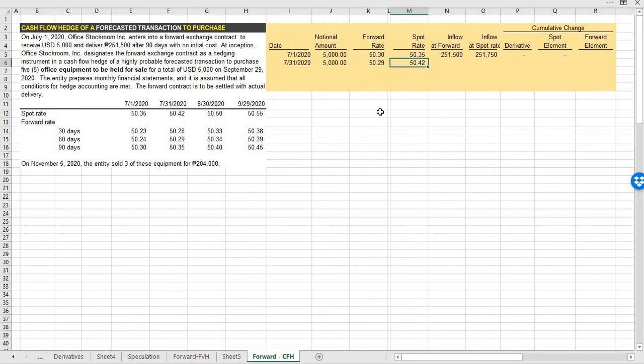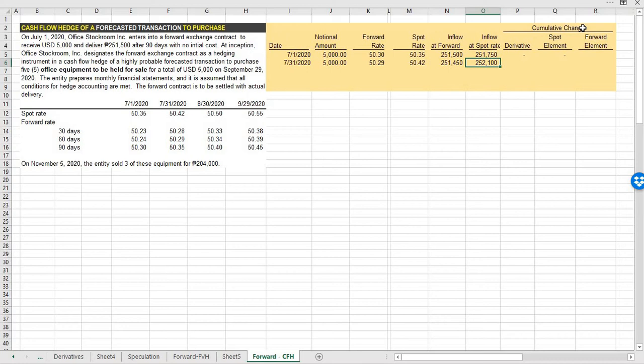Ngayon, i-multiply na natin itong mga rates na to sa ating notional amount. So, for the inflow based on forward rate, so that is 251,450. And yung nakabase naman sa spot rate, that is 252,100. So, ngayon, dito na tayo sa changes. Cumulative. Meron ba tayong change?